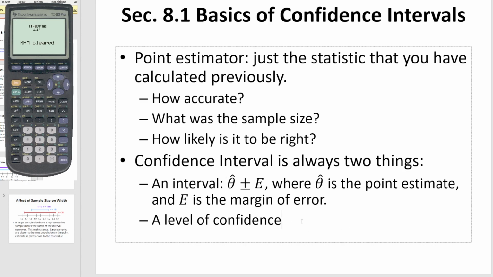And confidence intervals have some level of confidence, such as 90%, 95%, or 99%. Those are going to be the most common probabilities that are used for confidence intervals.